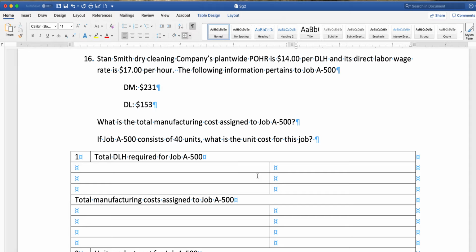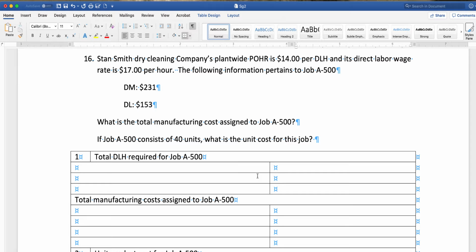Direct material $231. Direct labor $153. We need to figure out what is the total direct labor, what is the total manufacturing cost assigned to job A500. If job A500 consists of 40 units, what is the unit cost of this job?